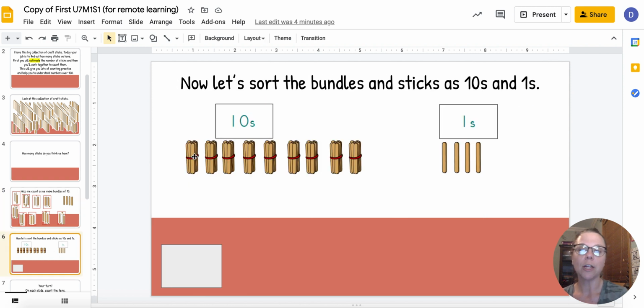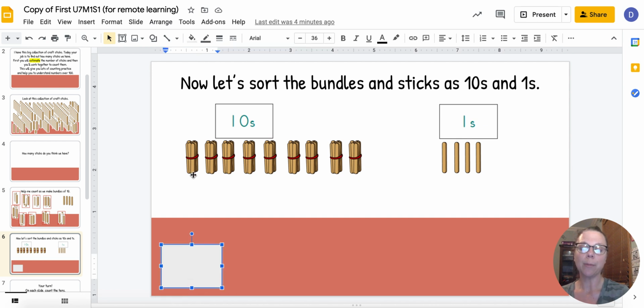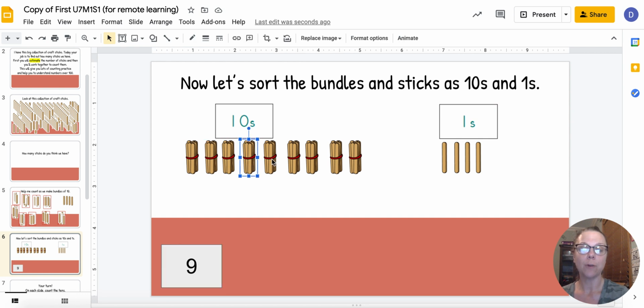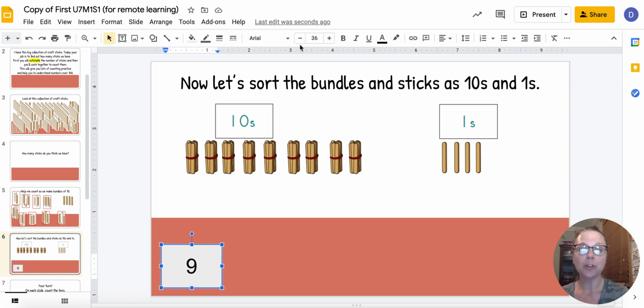Here's another way to look at the sticks bundled in groups of 10. Each of these sticks is bundled in a group of 10. And here are my ones. Let's see if I get the same answer counting them this way. 10, 20, 30, 40, 50, 60, 70, 80, 90. I'm going to put a 9 here because I have 9 groups of 10. 1, 2, 3, 4, 5, 6, 7, 8, 9. 9 groups of 10.